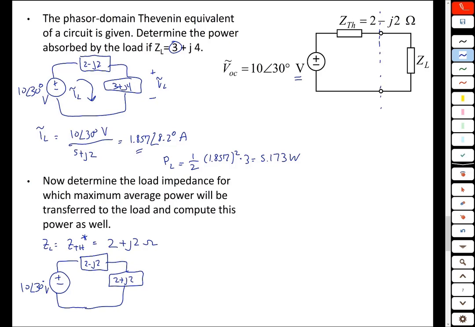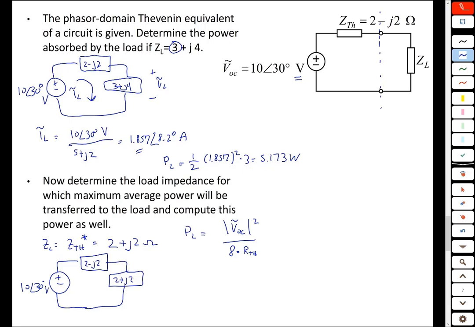Well, we could calculate the load power multiple ways here. The easiest way is to know that when you have maximum power transfer, the power absorbed by the load is the magnitude of the open circuit voltage squared over 8 times the real part of the Thevenin impedance.